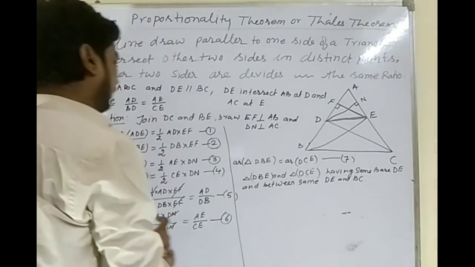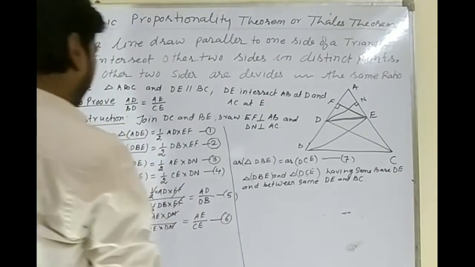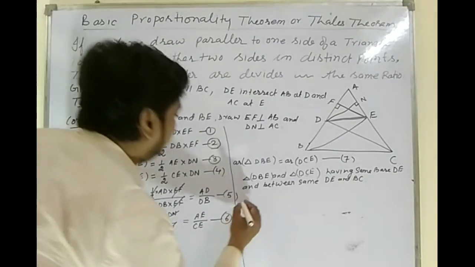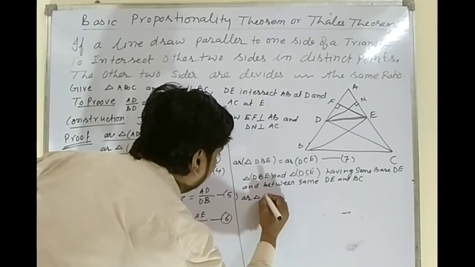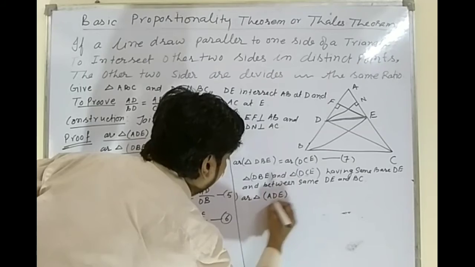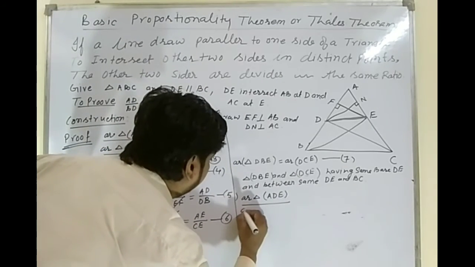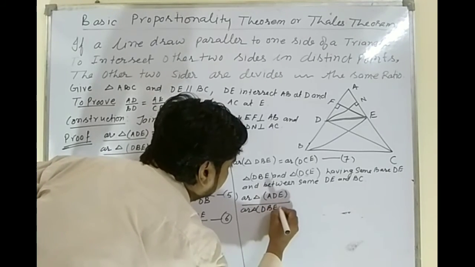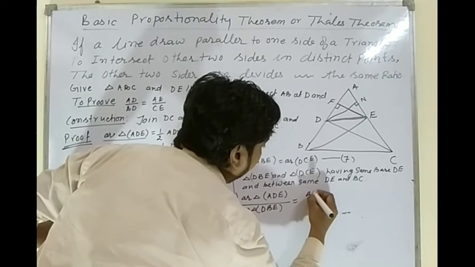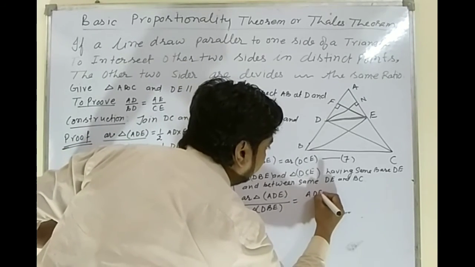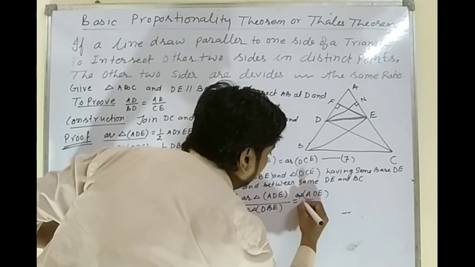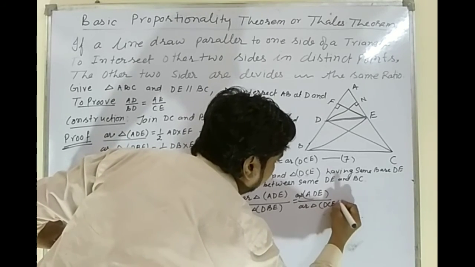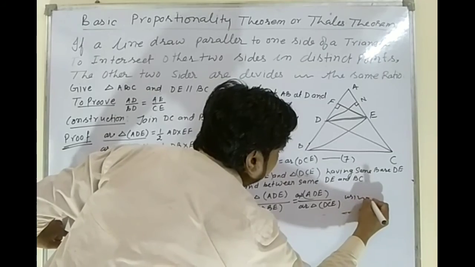So here we can write area of triangle ADE divided by area of triangle DBE equals area of triangle ADE upon area of triangle DCE, using the 7th. This is equation 8.